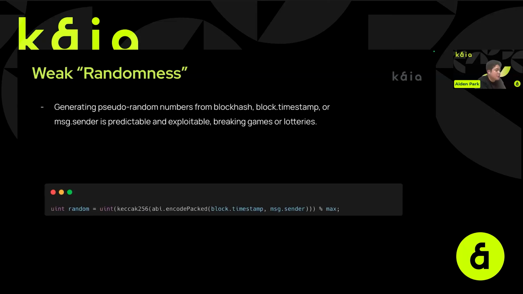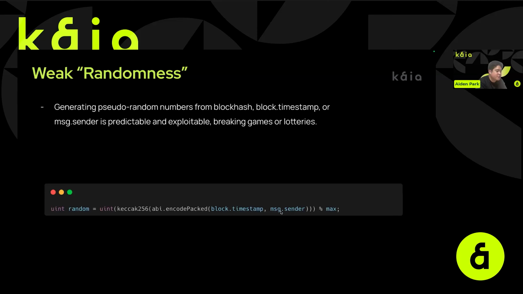The next common one is weak randomness. It's very hard to generate pure randomness in blockchain. Let's say you want to generate some randomness using block.timestamp.